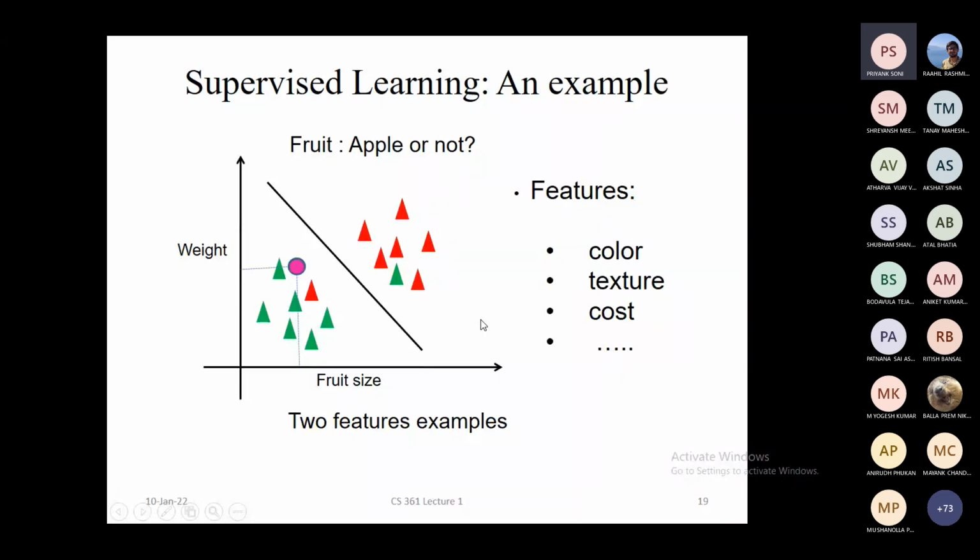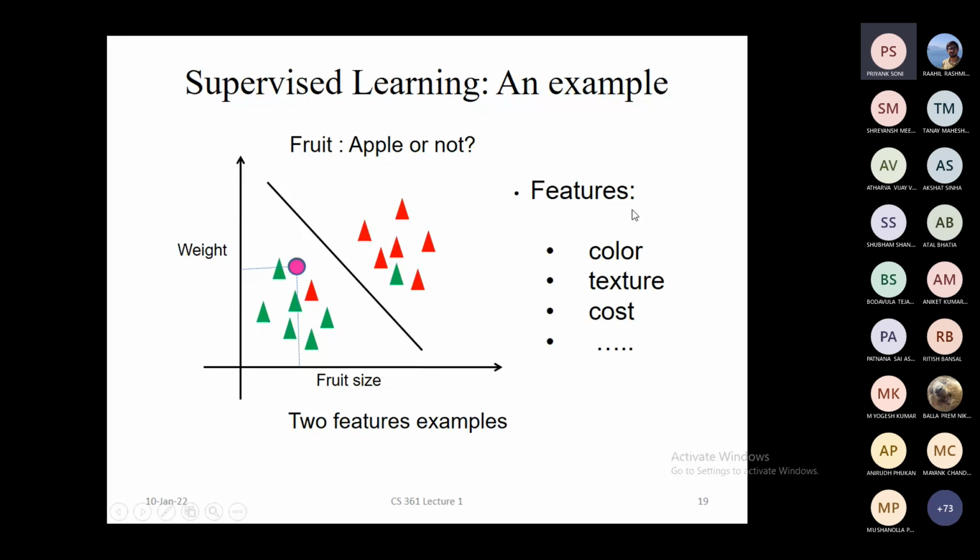In our future slides or future classes, we will call this separator a decision boundary, which decides that this set of data can be separated from this set of data, and this set of data is given as apple, and this set of data is given as non-apple, based on your given supervised, labeled training examples.